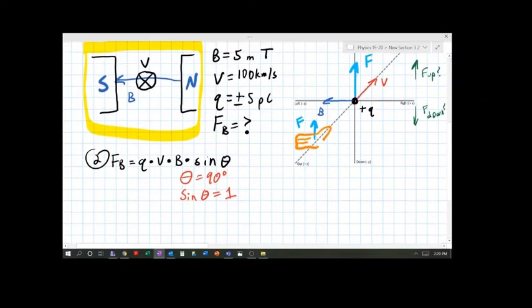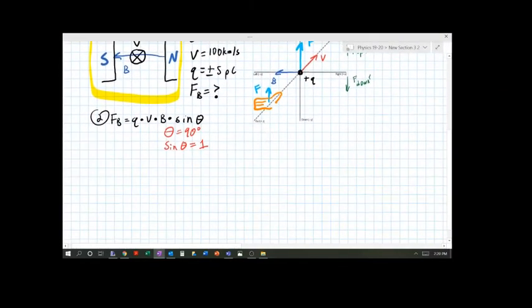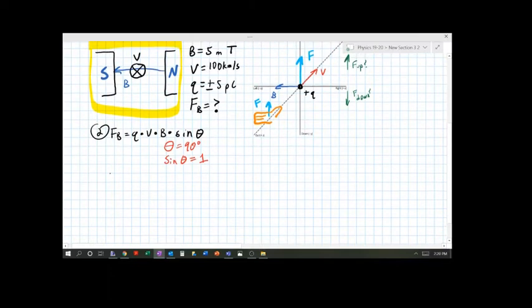So let's get to calculating. The magnetic force will be the charge quantity, positive 5 picocoulombs, times the velocity, 100 kilometers per second, times the magnetic field strength, 5 milliteslas, and the sine of 90 degrees.